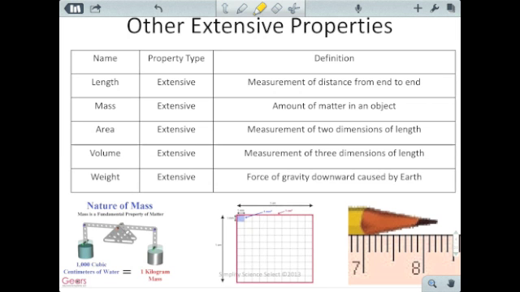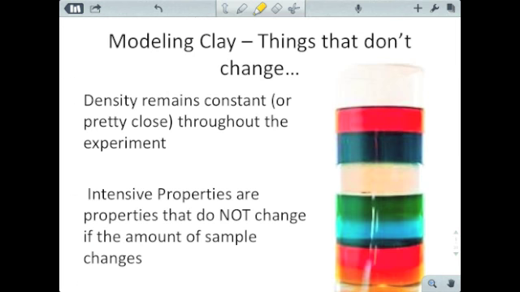If we're measuring the area of a rectangle, we would multiply the length and the width. Volume is also an extensive property, and it measures three dimensions of length: length, width, and height. And weight is an extensive property, the downward force of gravity caused by the earth. Okay, so those are extensive properties.